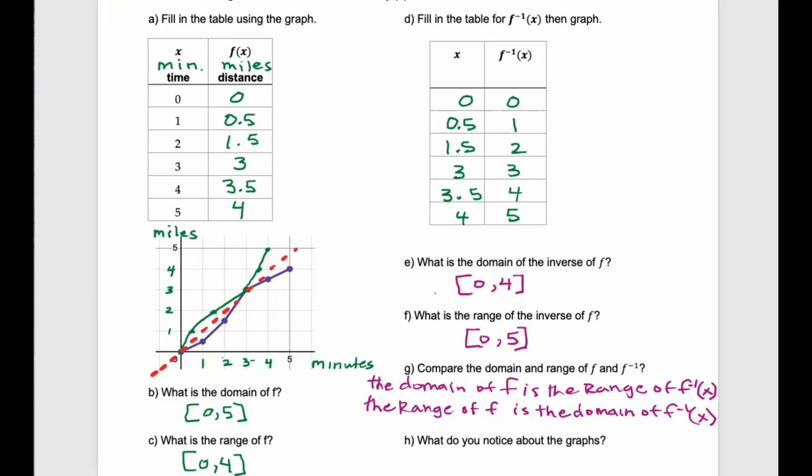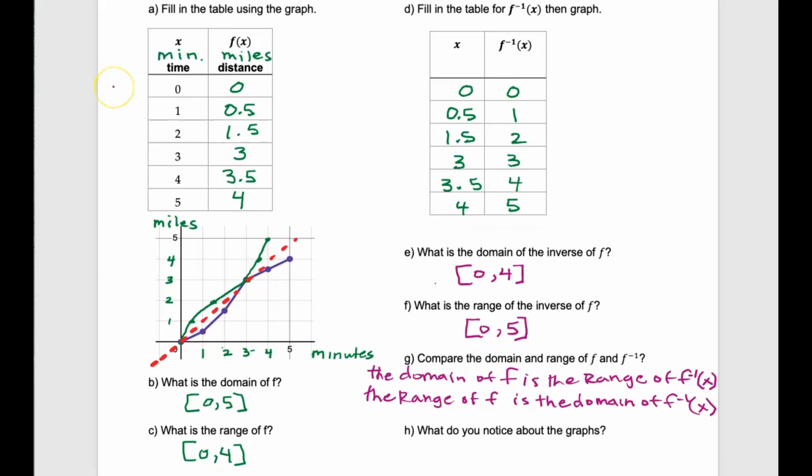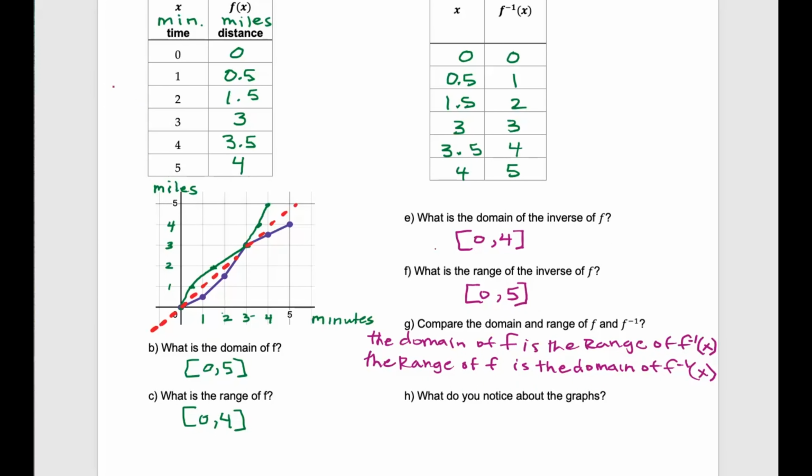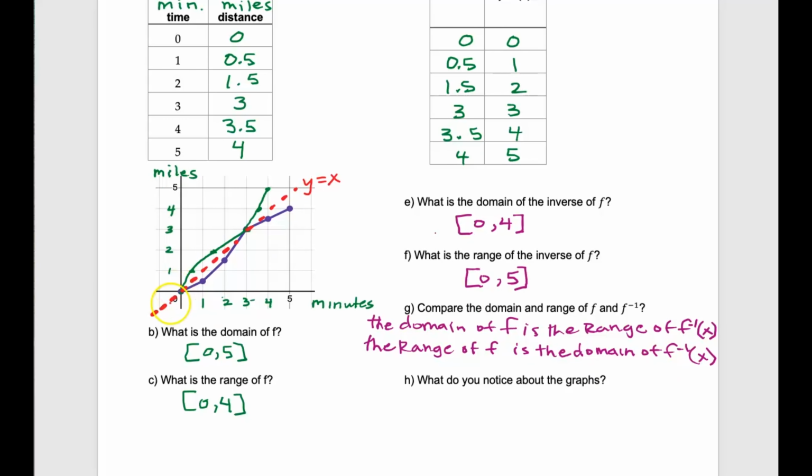So now let's see what we notice about the graphs. By putting that red dotted line there, we can see that something is happening. That red dotted line is actually the line y equals x. So this is a line of reflection, the line y equals x.